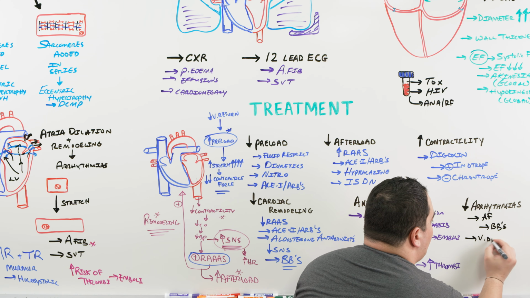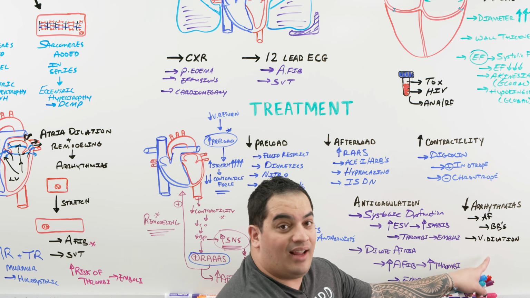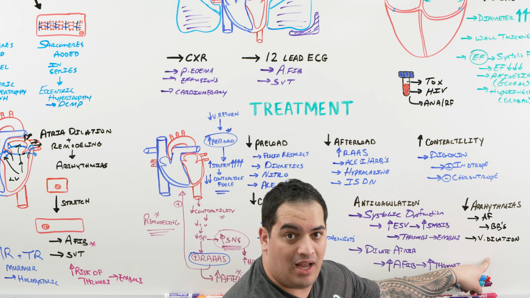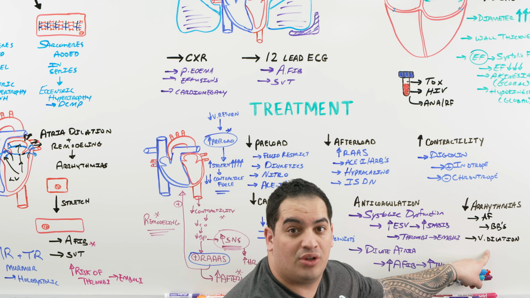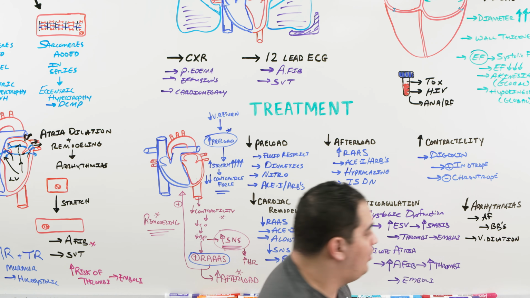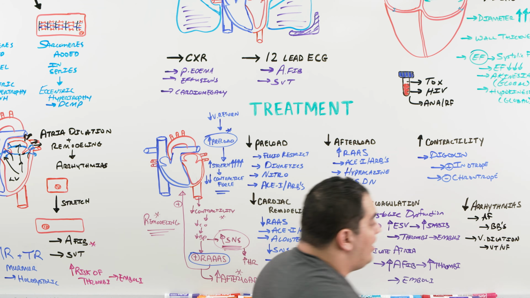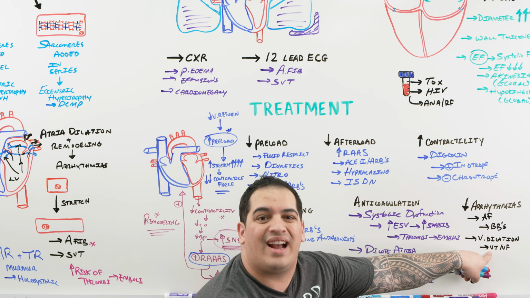With the ventricular dilation, we didn't talk about that over there, but with ventricular dilation, that's a bad problem sometimes. And that can also stretch those ventricles out, cause them to become irritated, electrically remodel, and actually lead to VTAC or VFib. This is a deadly arrhythmia. This can cause someone to go into sudden cardiac death.